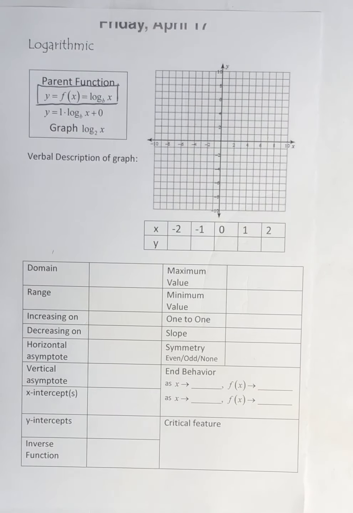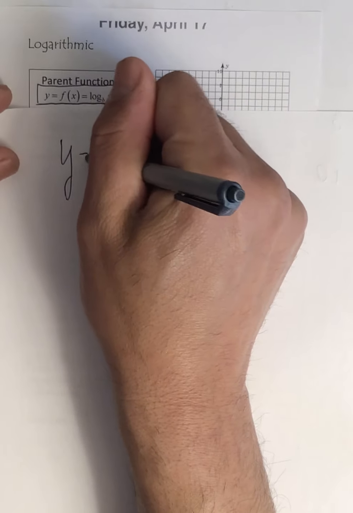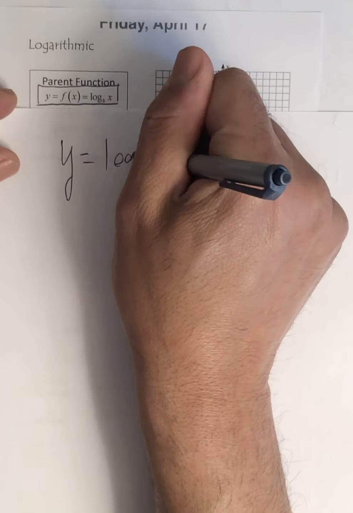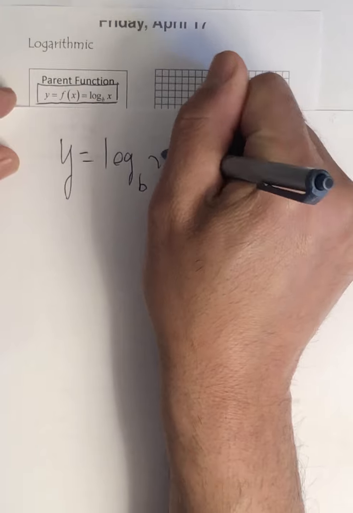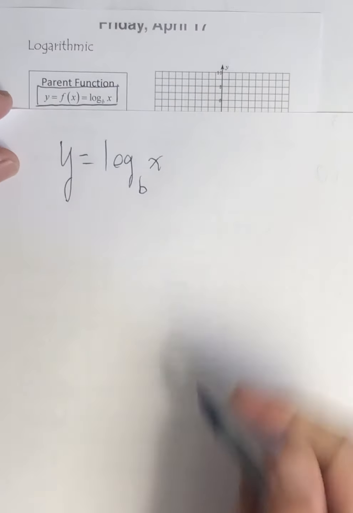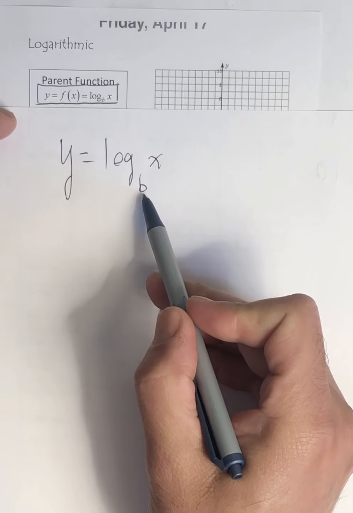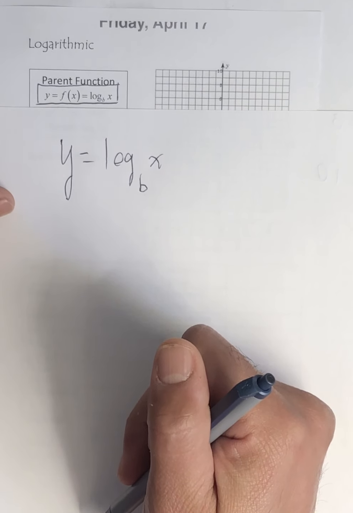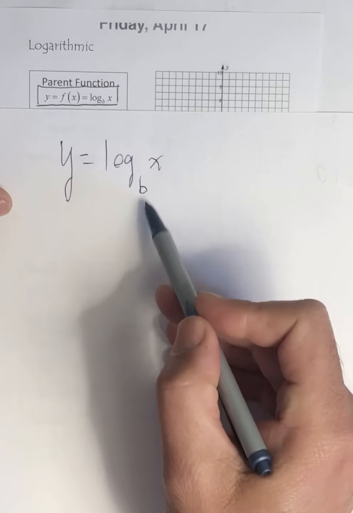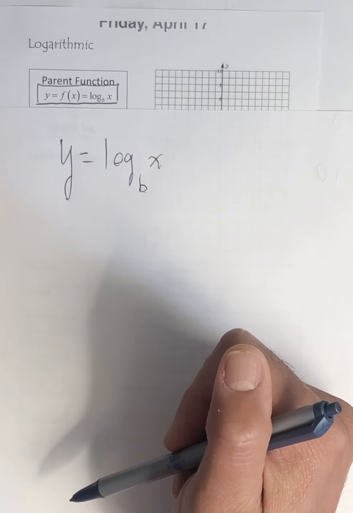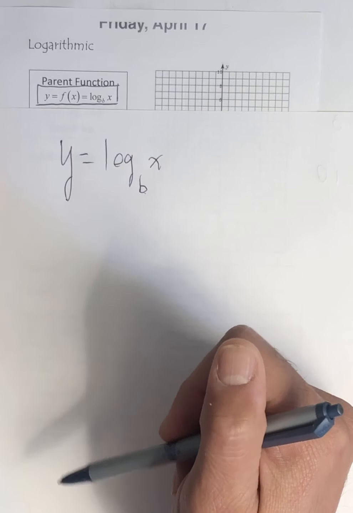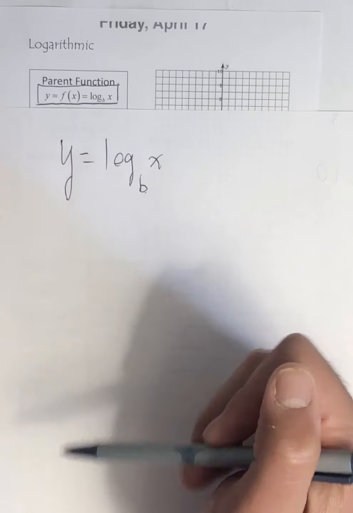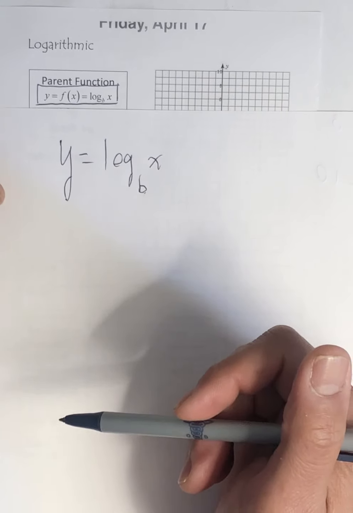If I may write that with a little bigger font, y is equal to log base b of x. And this b is the base or the factor that we had in our exponential function. Of course, this b has to be a positive number, not equal to 1. The example of b that I used in my graph was 2.